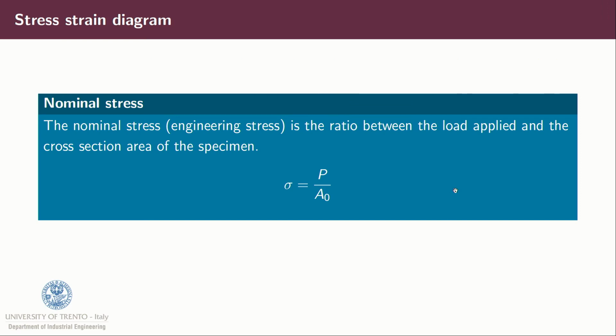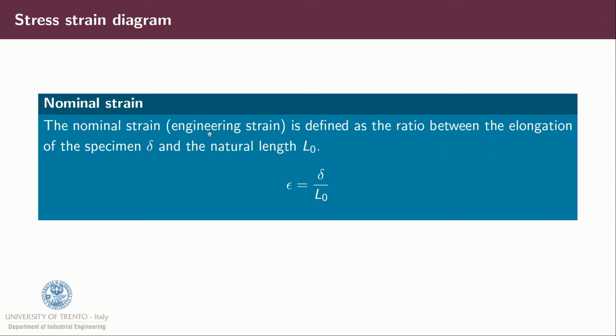We can define the nominal stress or engineering stress as sigma equal to P over A0, so it is the load applied over the nominal area. We can also define the nominal strain or engineering strain as epsilon equal to delta over L0, where delta is the specimen elongation and L0 is its natural length.